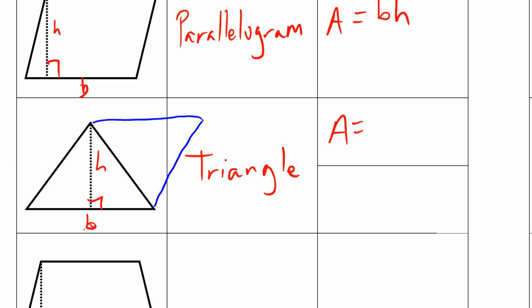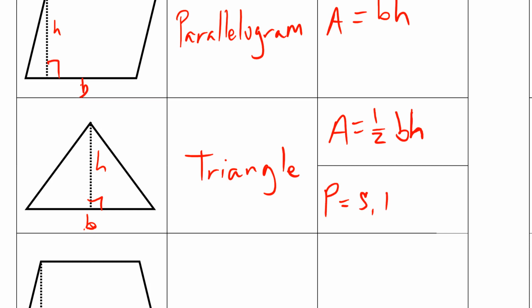Parallelogram area equals base times height, so my triangle is half of that, it's half base times height. And then my perimeter for a triangle is simply side 1 plus side 2 plus side 3.